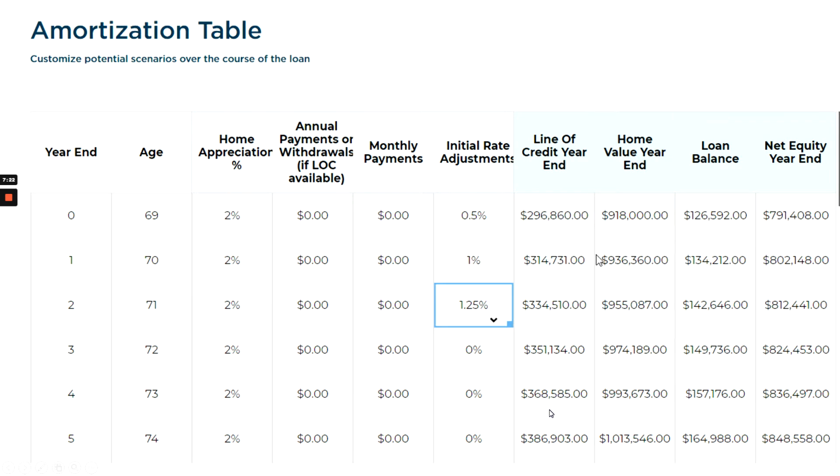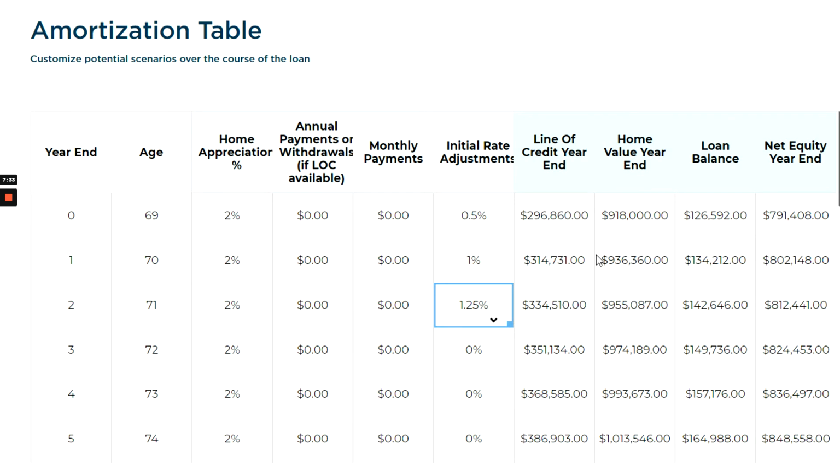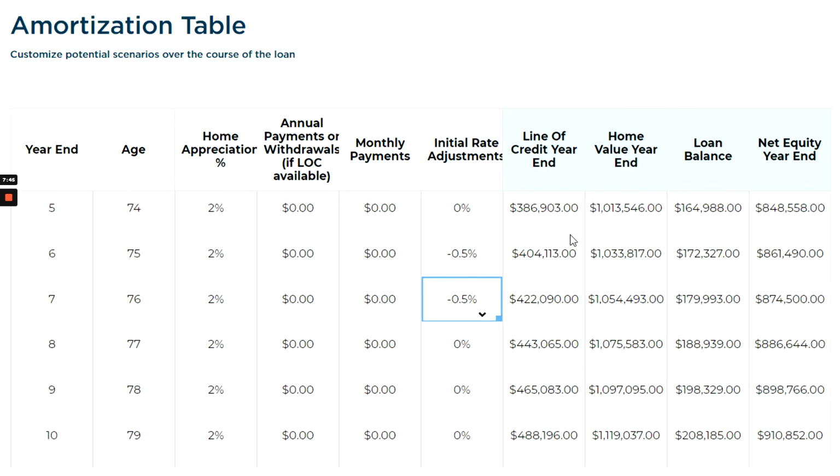So we started out with a loan amount of $281,400, an accessible line of credit for $281,400. At the end of year 5, you're at $386,000. It's gone up $100,000 in available credit that you can draw from. At the end of year 10, it's grown to $488,000, and your loan balance has grown to $208,000.